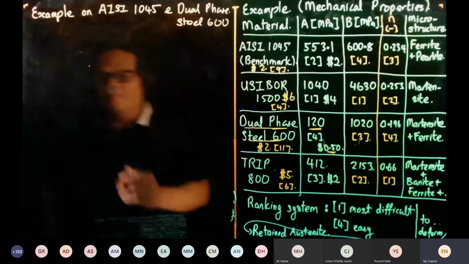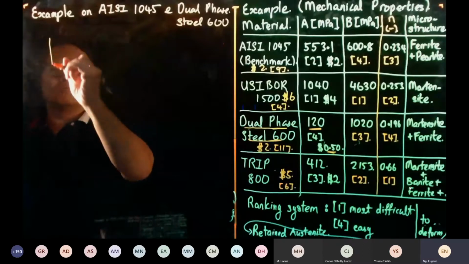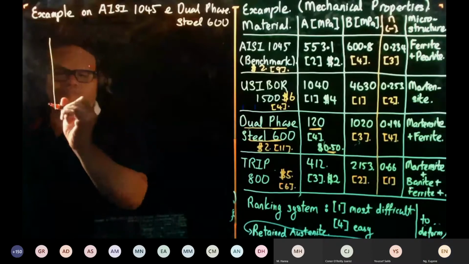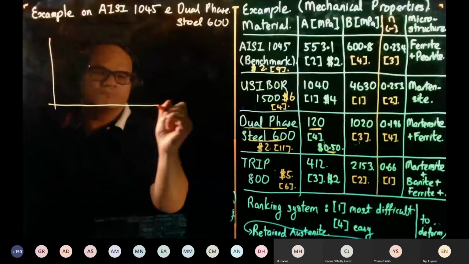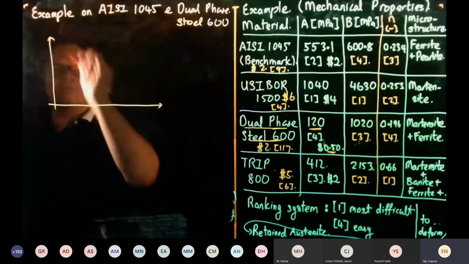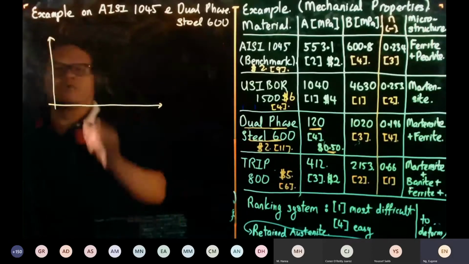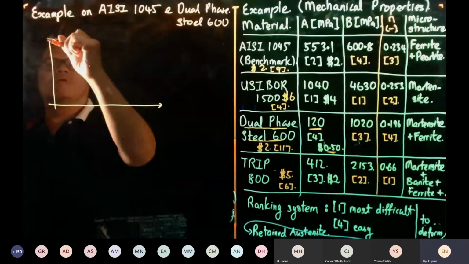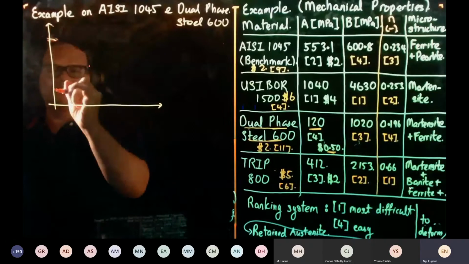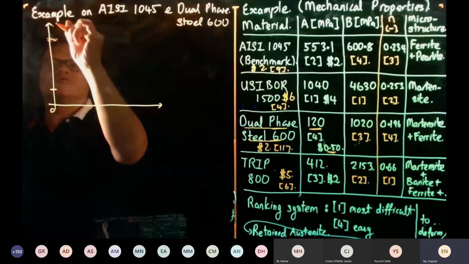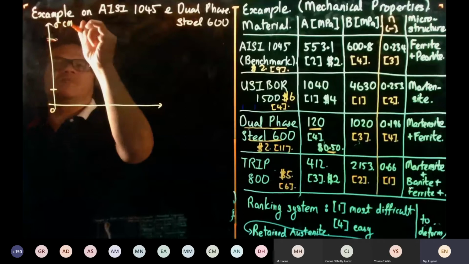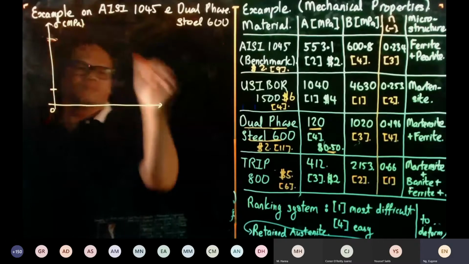Okay, so now we will sketch out. This is 0. So this is your stress in MPa. This is your strain.